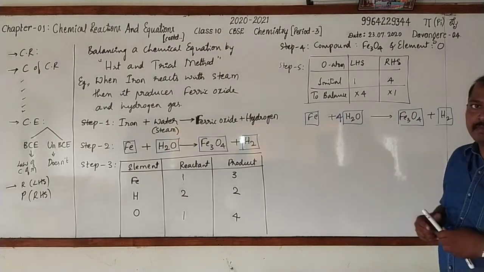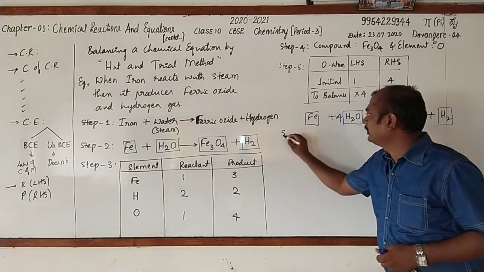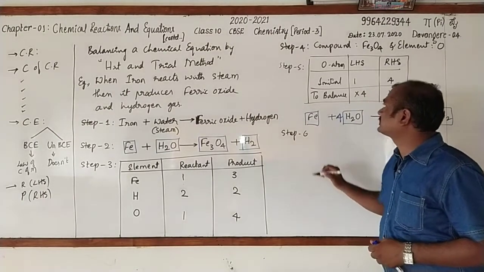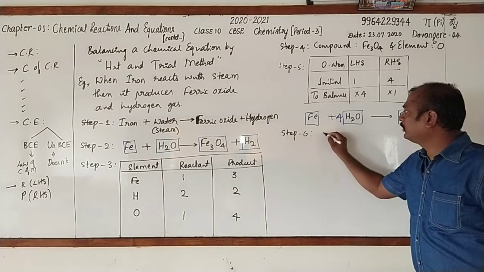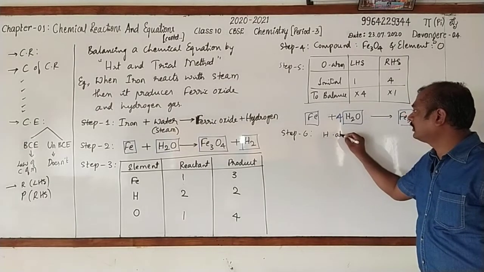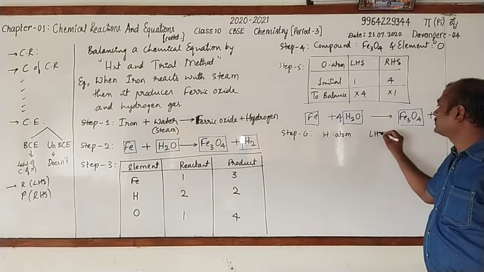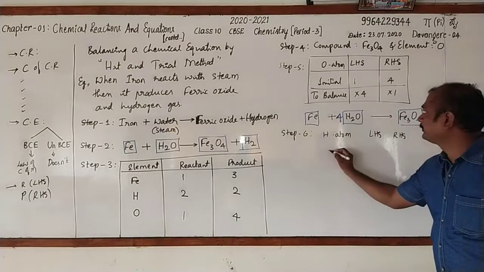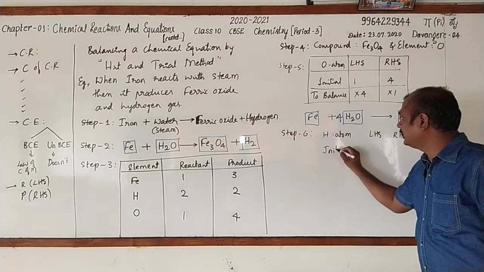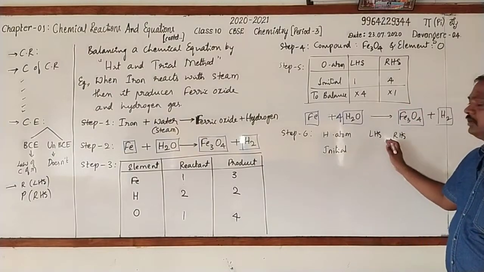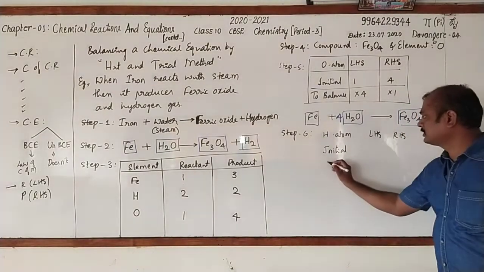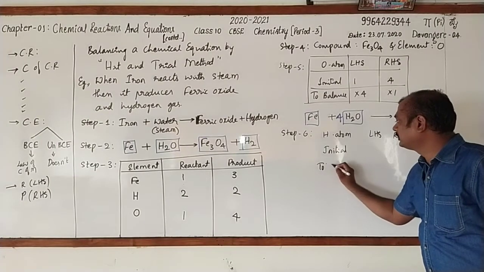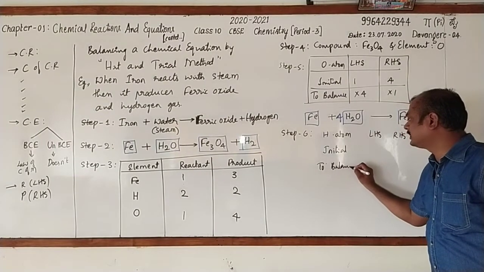Let's go for balancing hydrogen. Here I'll write step 6. Now, we are going to balance hydrogen atom, LHS and RHS. Observe. Initially, how many hydrogen atoms are there on LHS and RHS? And after that, what should be multiplied to balance it?